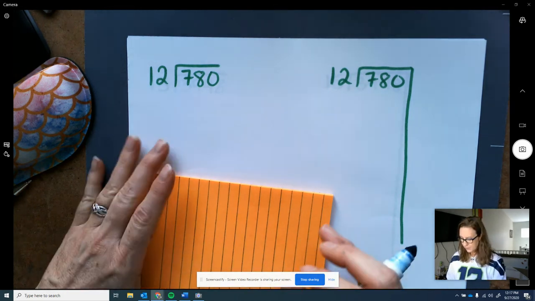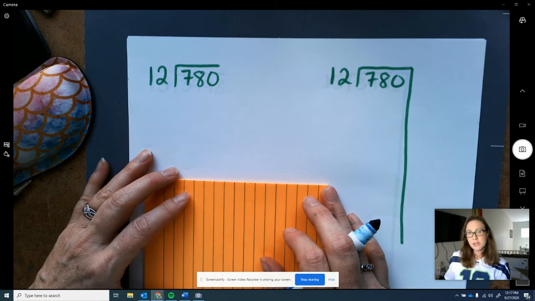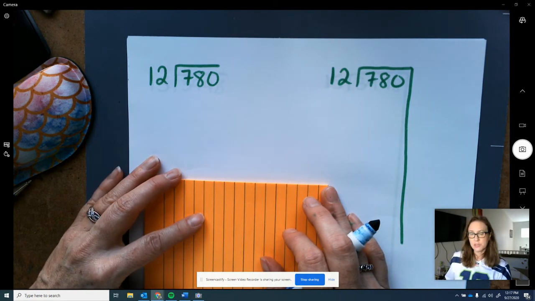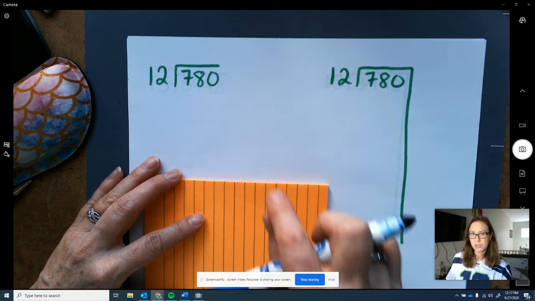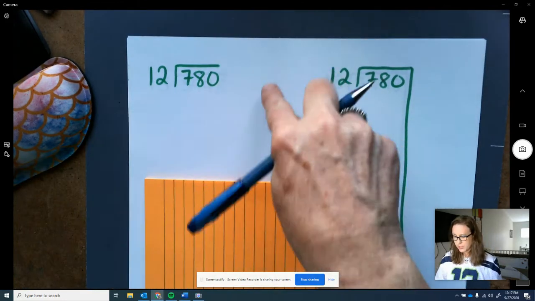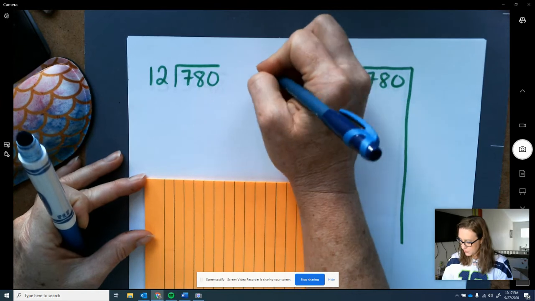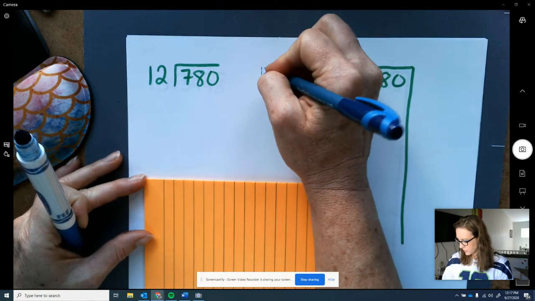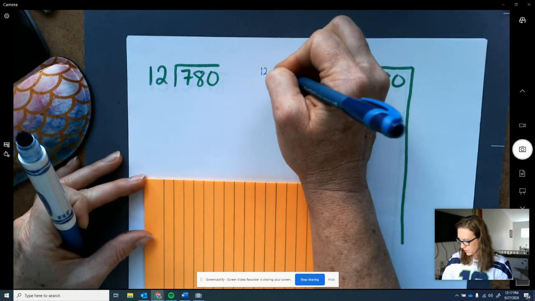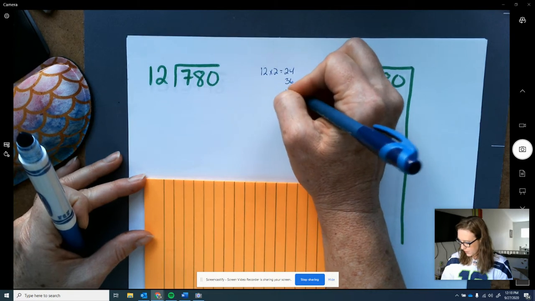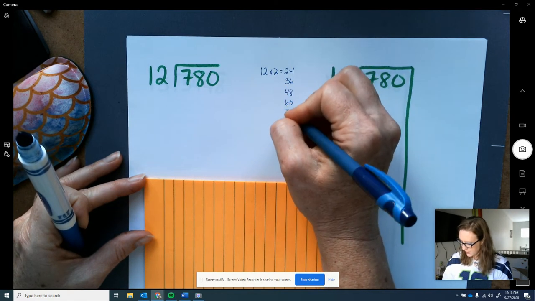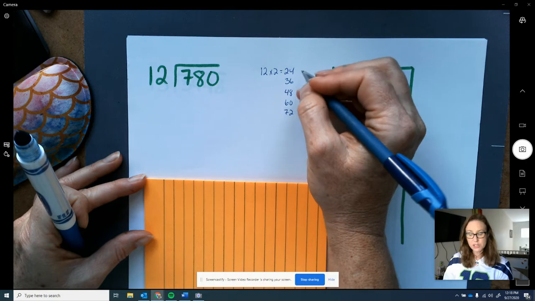All right, we're back. So I'm not as strong with my 12s, so I might have to really do my sidebars here where I have my facts written down. Because I know up to, 12 times 1 is 12. 12 times 2 is 24. Then 36, then 48, then 60, then 72. I'm just skip counting by 12s.